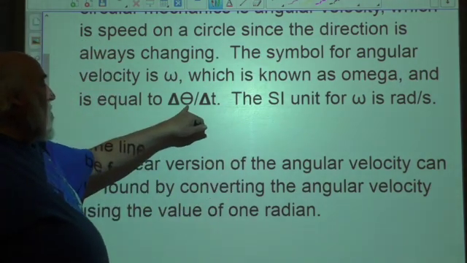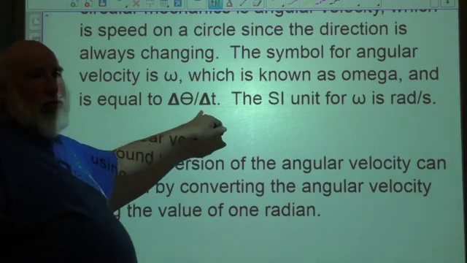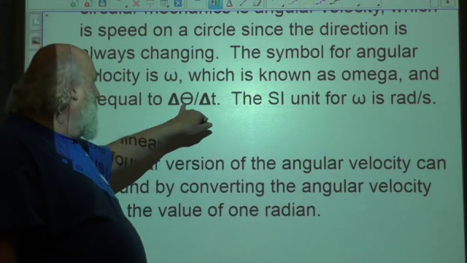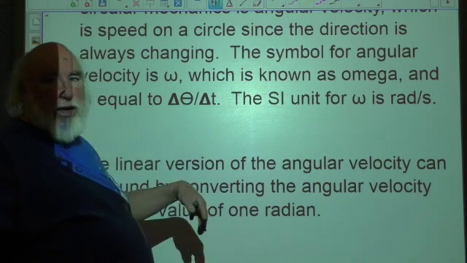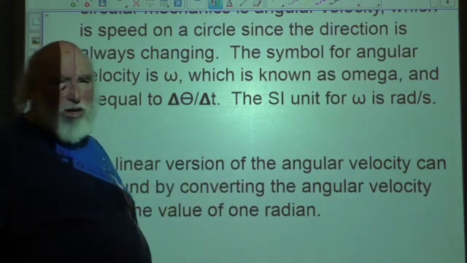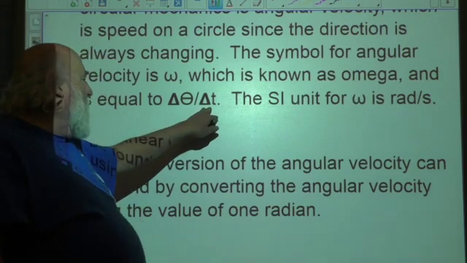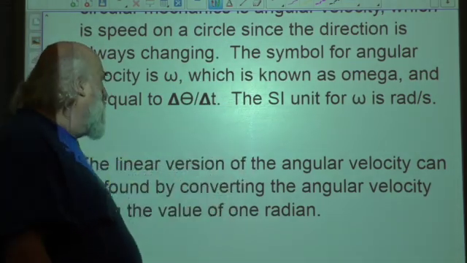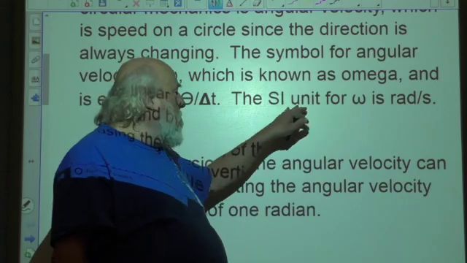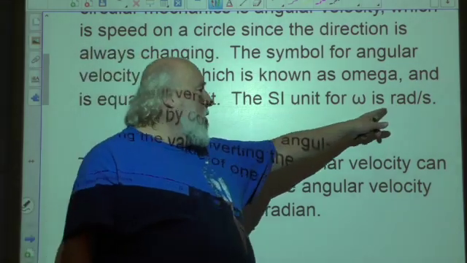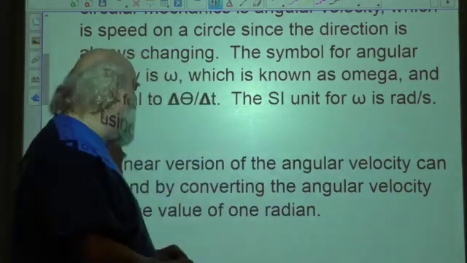And the symbol we use for displacement is theta, like angle theta. We use that a lot in trig and calculus. And then delta t is the change of time. And the label in SI is going to be radians per second.